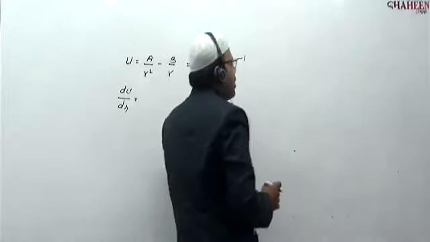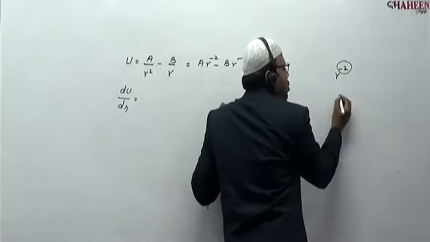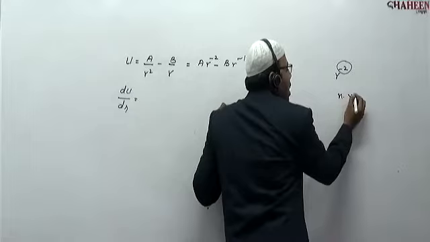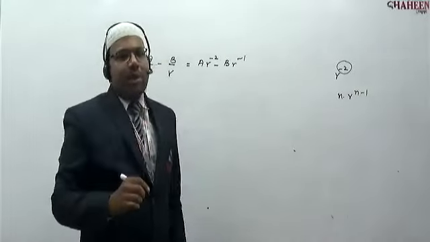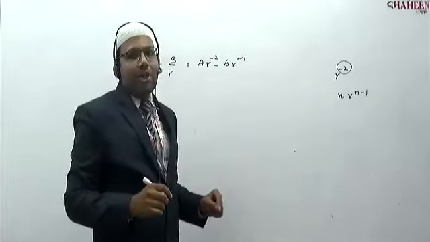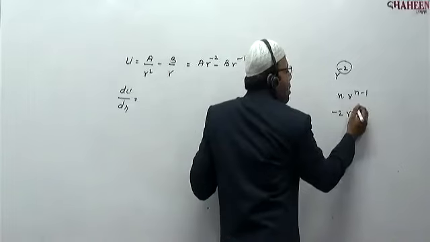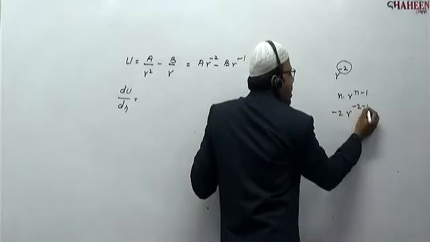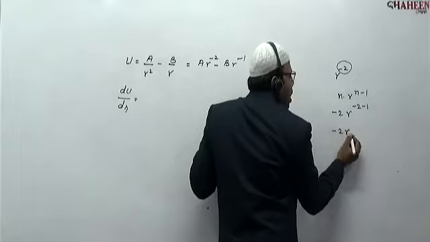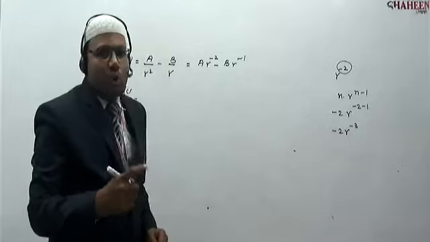Here r power minus 2 means n is minus 2, so the formula is n into x power n minus 1. The value of n is minus 2, so minus 2 r power, n minus 1 is minus 2 minus 1, so it becomes minus 2 r power minus 3.